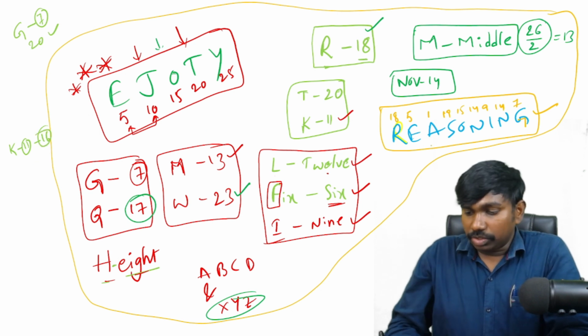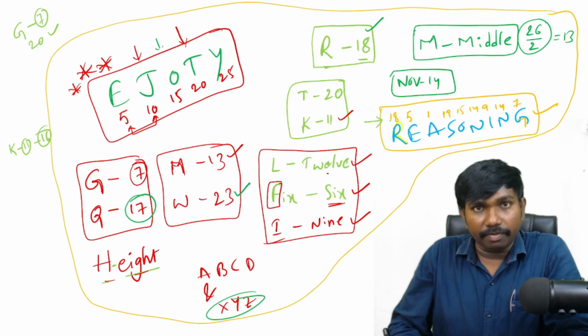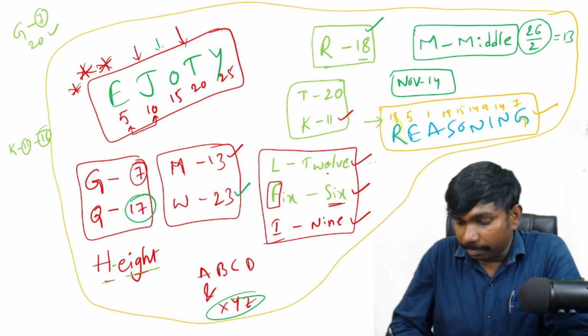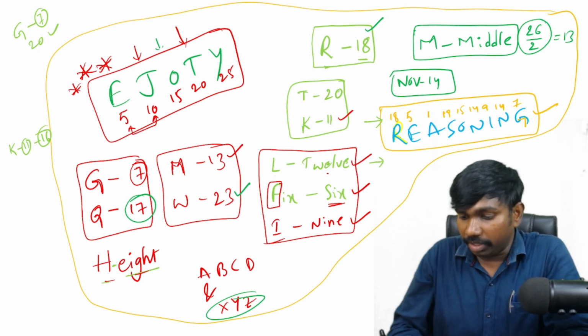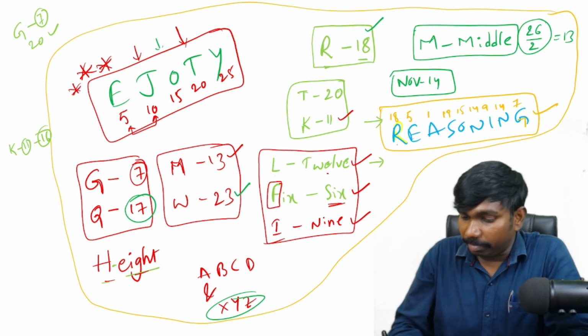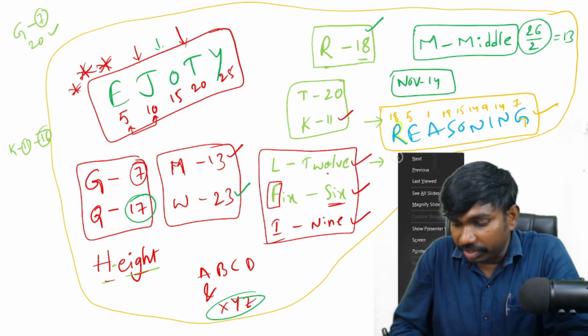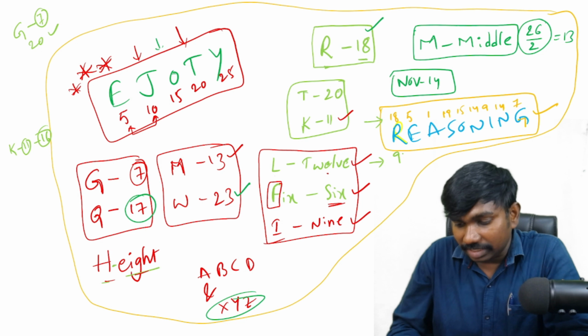Okay. So I'm adding one more thing for your practice. That is, for this word reasoning, you write each and every letter's forward position as well as backward position also. Okay. R is 18 in the forward position. Now subtract it from 27, you'll get the backward position. The sum has to be 27. That means it is 9. E will be 22.